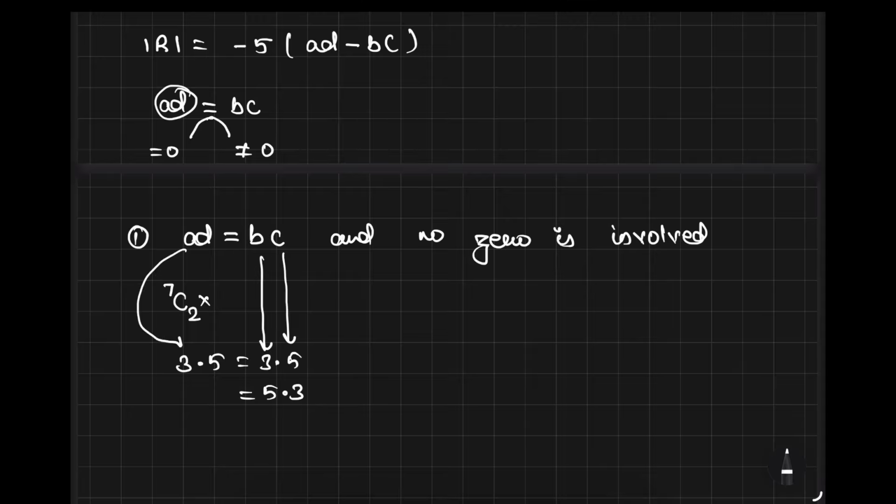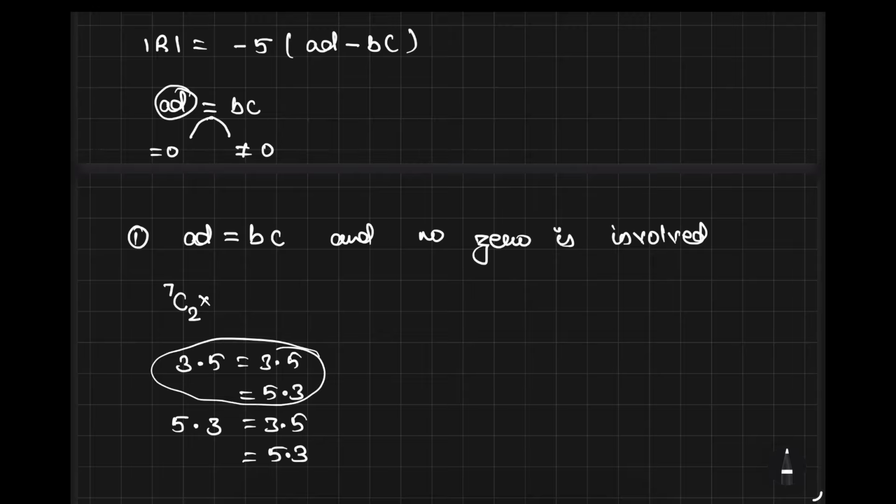A is taking the first element, D is taking the second element. Because of this combination, there are two ways. Suppose this time A takes 5 and D takes 3. So again 3, 5 and 5, 3. So if you use two elements, you have two cases for this and two cases for this. This means there will be 4 cases.